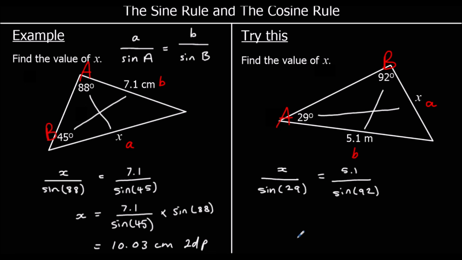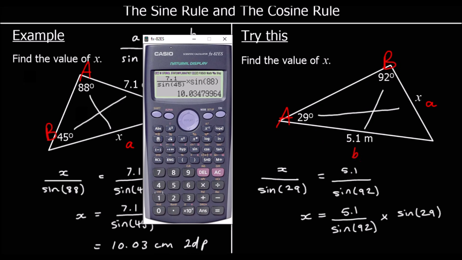To get x by itself, we multiply both sides by sine 29. So x is equal to 5.1 over sine 92 times sine 29. And we type it into the calculator.